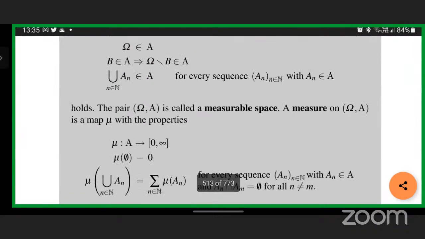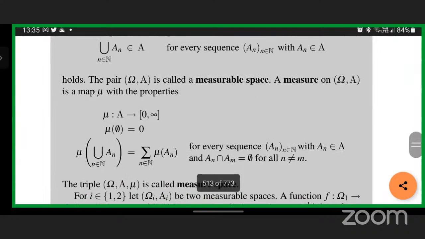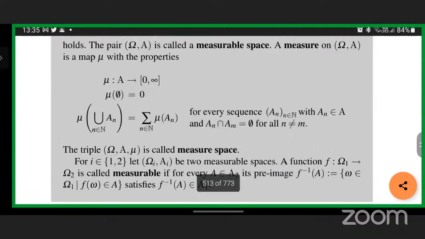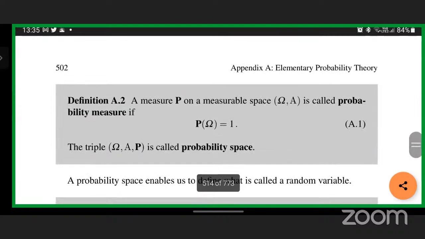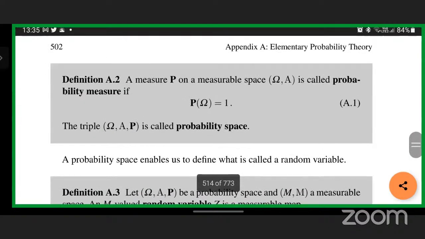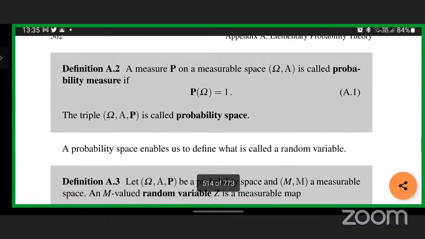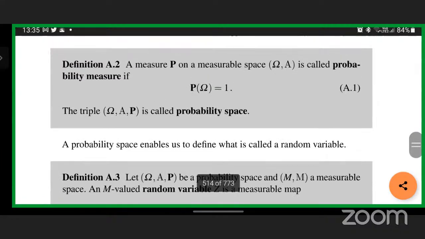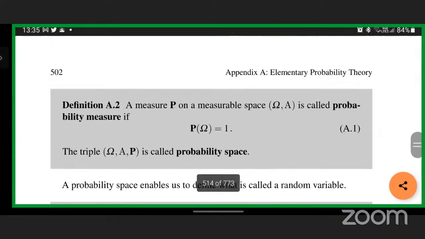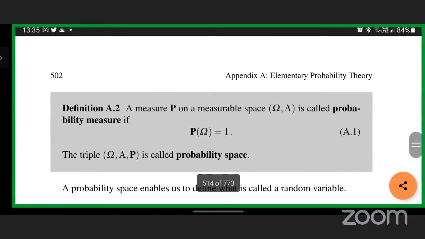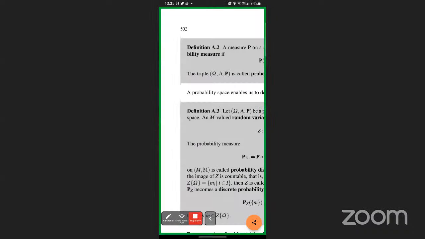So here is something he has defined as measurable space, and probability comes out just as one of the measurable spaces. So the presentation seems to be a bit complicated. You need a bit of maturity, but one of the good things is it gives you all the mathematics that is required for computing.